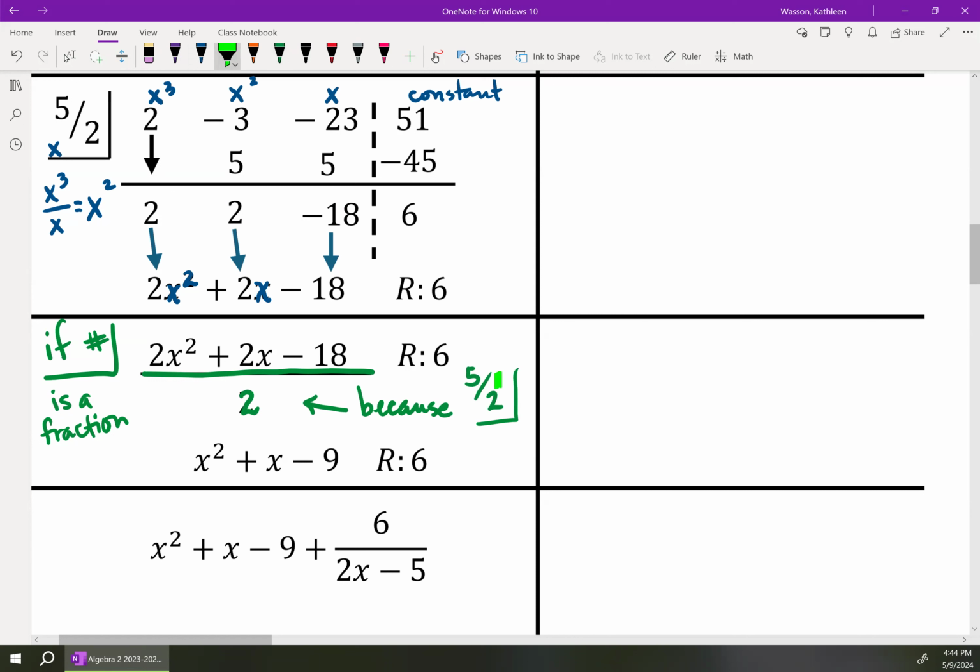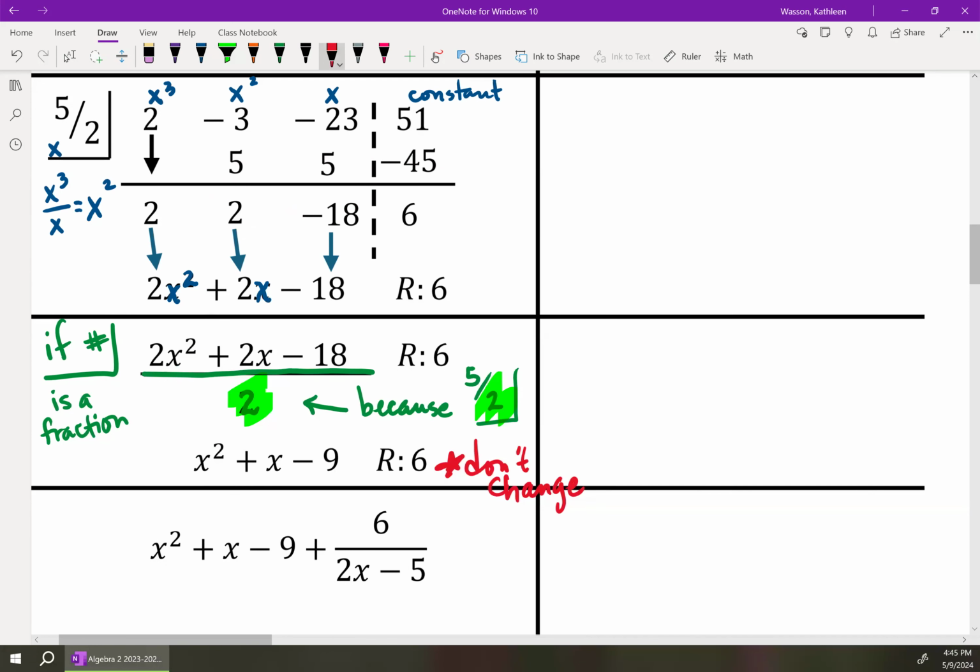So this 2 I then used to reduce my polynomial result. When I reduce, I find that I have x squared plus x minus 9. And notice I don't change the remainder. I only reduce the polynomial. If the number on the shelf is not a fraction, then you don't reduce it. It's only if it's a fraction on the shelf. You divide the polynomial by the denominator.